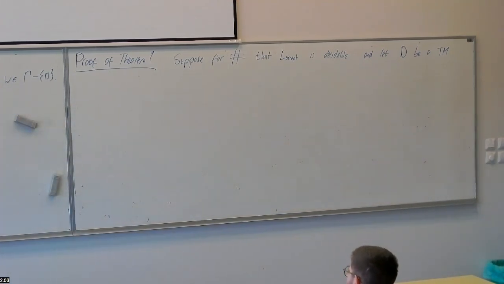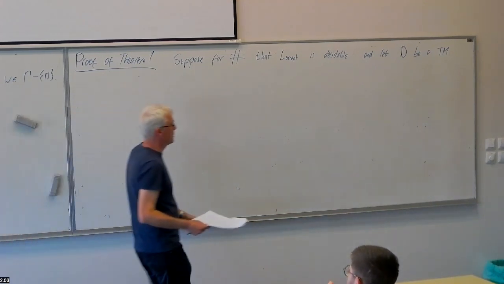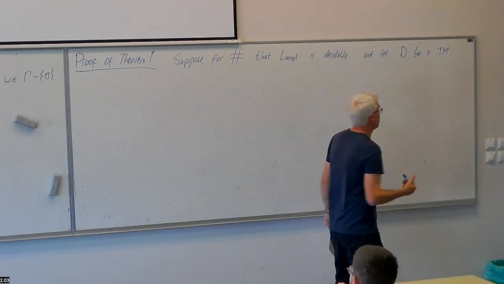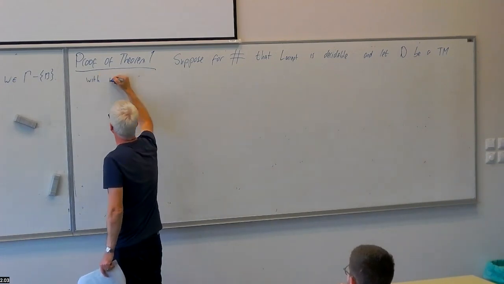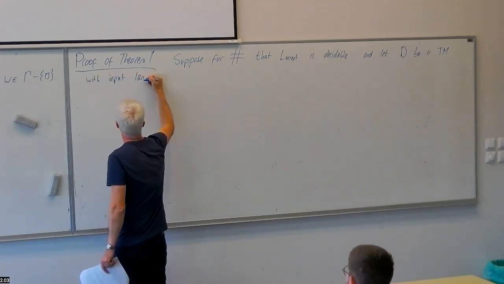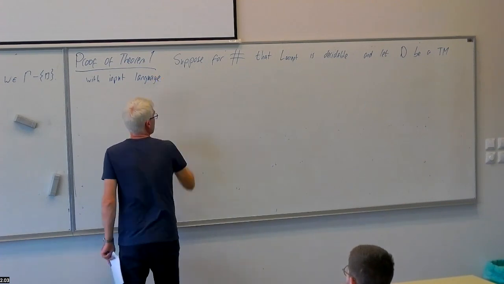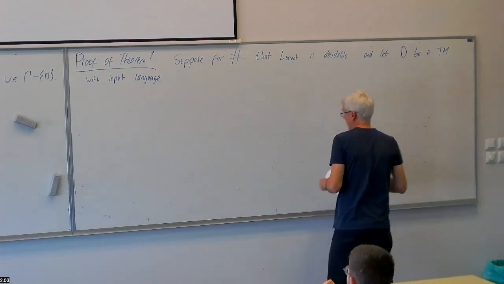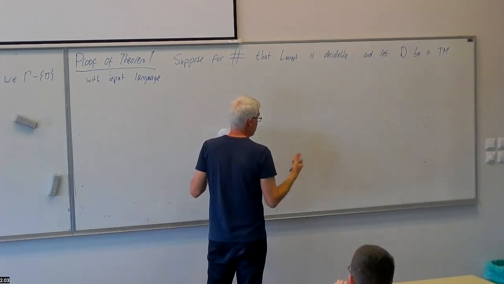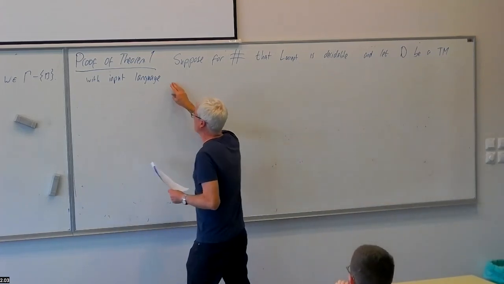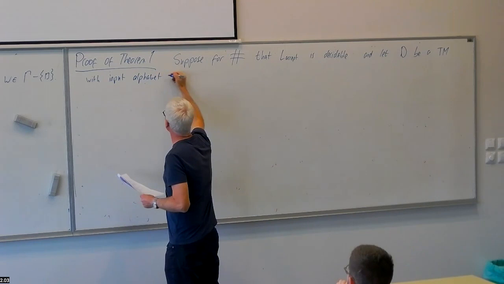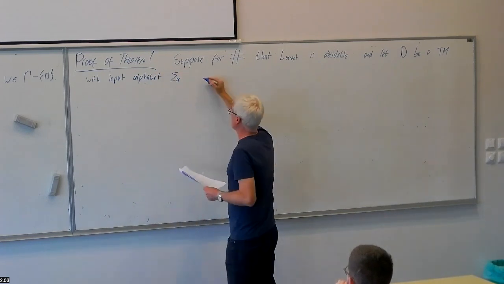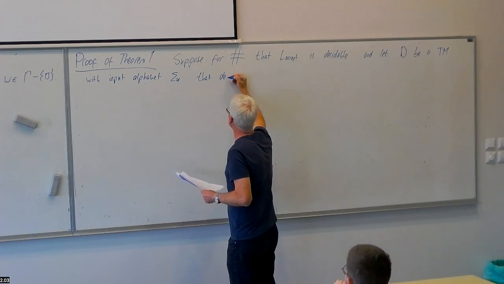Well, this is a language over the universal alphabet, so it had better be a Turing machine with input alphabet the universal alphabet. It may have other symbols in its alphabet, but with input alphabet Sigma-U, that decides L-exact.